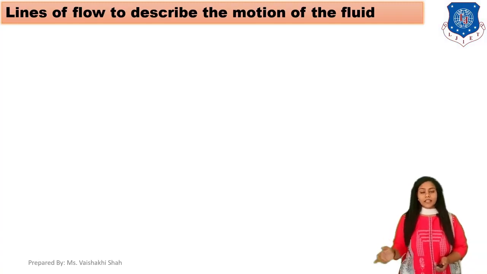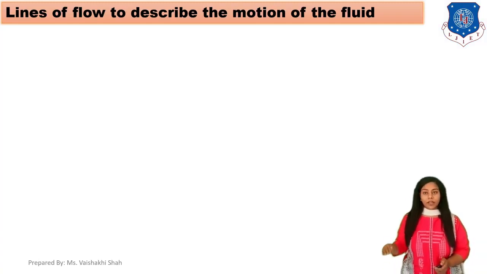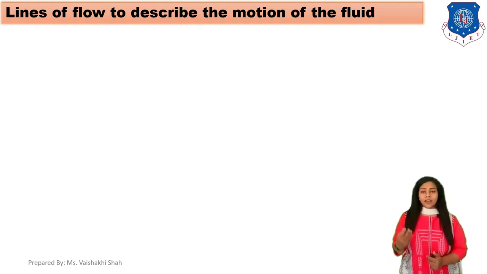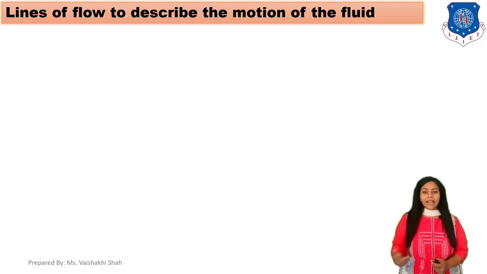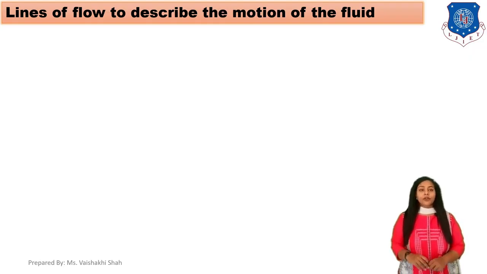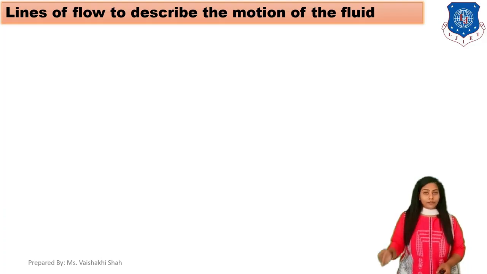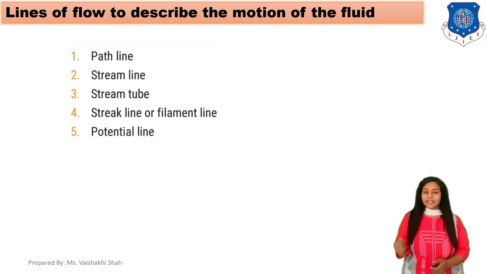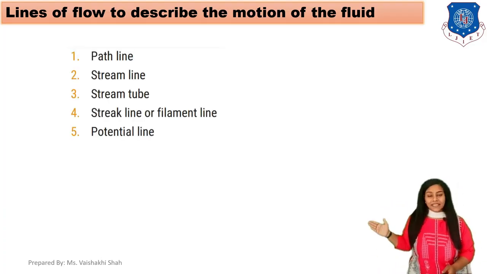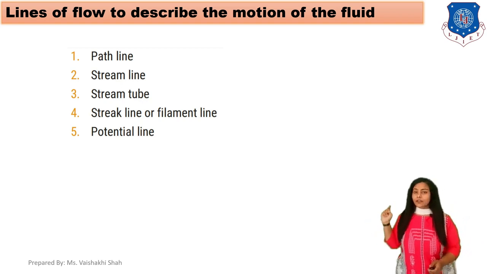To understand the movement of any fluid when it is in motion, you require basic knowledge of some lines of flow to describe the motion of the fluid. What are the lines? First is the path line, second is the streamline, third is the streak line, fourth is the stream line tube, and fifth is the potential line.